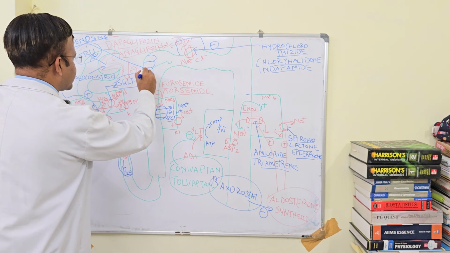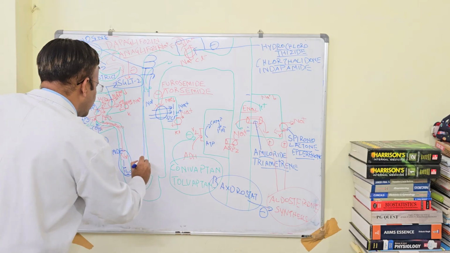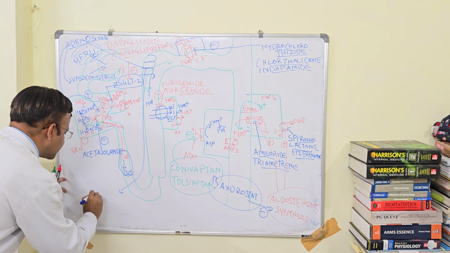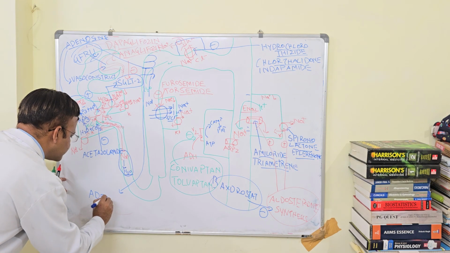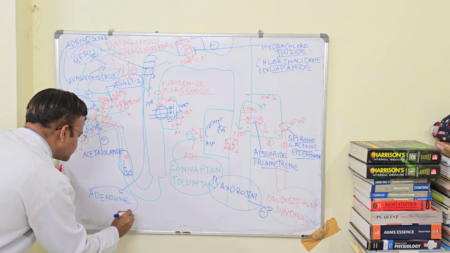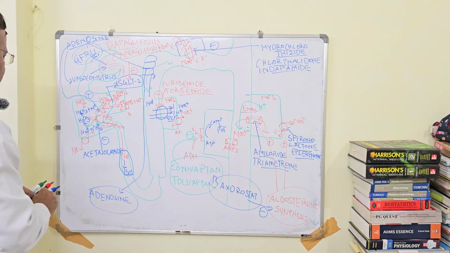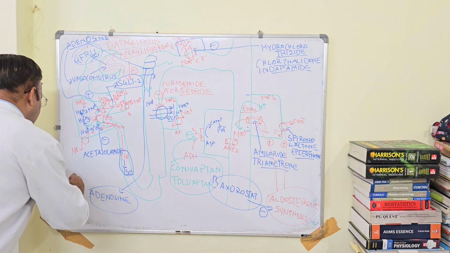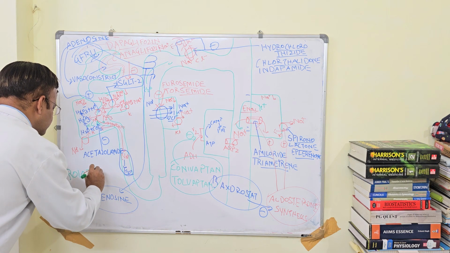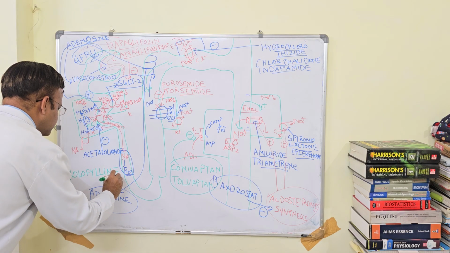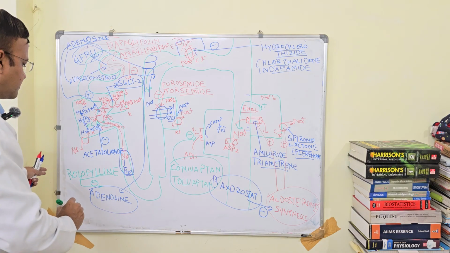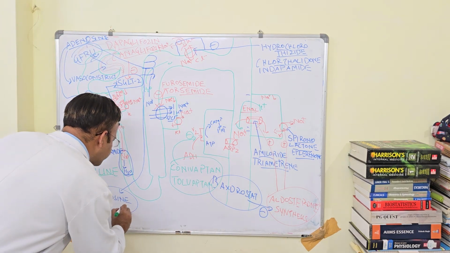Now, what drug are we talking about? We are talking about rolofylline. So if we write adenosine over here, rolofylline is going to inhibit the action of adenosine. If it inhibits the action of adenosine, what is going to happen?